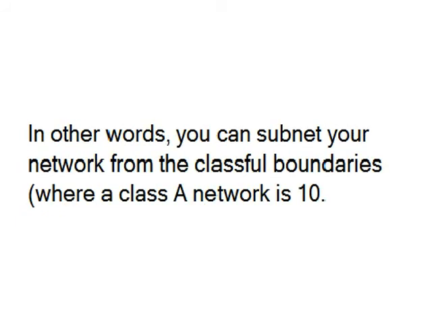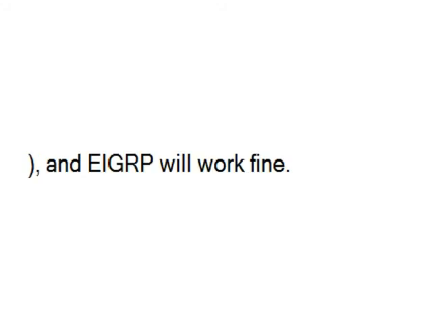In other words, you can subnet your network from the classful boundaries, where a class A network is 10.0.0.0 with a 255.0.0.0 subnet mask, etc. And EIGRP will work fine.